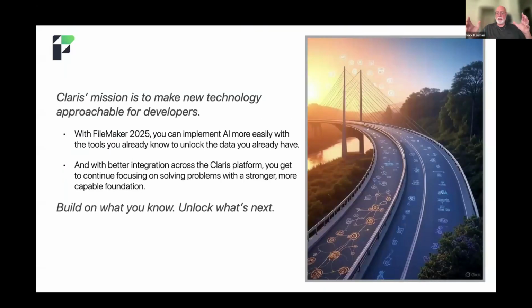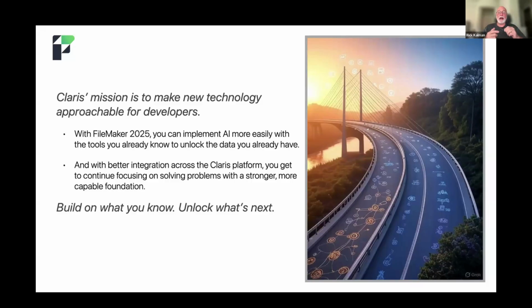This was the high level of how we teed up the 2025 release. We made some significant continued enhancements in AI following FileMaker 2024, where we did a lot with semantic search, and going all the way back to the late 2010s, where we began to put in things like Core ML for machine learning on iOS and then macOS.